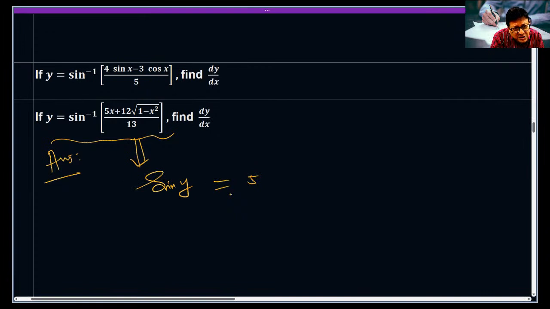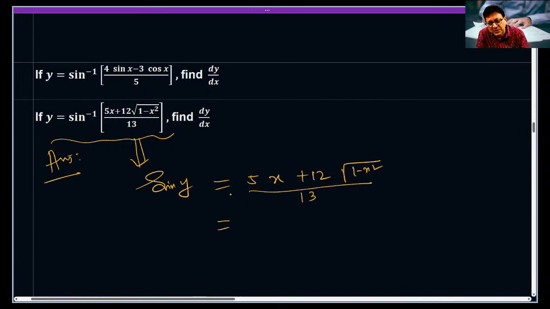sin y equal to, this is accepted in board answer script. Even the teacher checking your copy, if they find this way you are doing is not matching with the marking scheme, then also you are allowed to get the full marks. And board also will send you solution this manner. Send the solution to the examiners this way, the way I am showing it here.